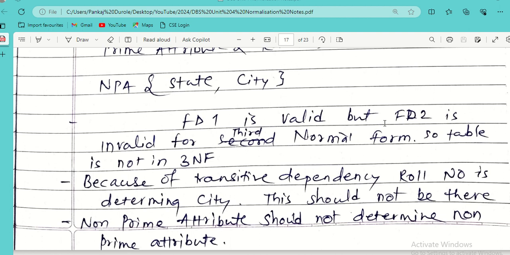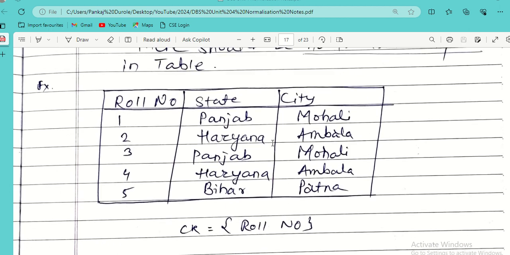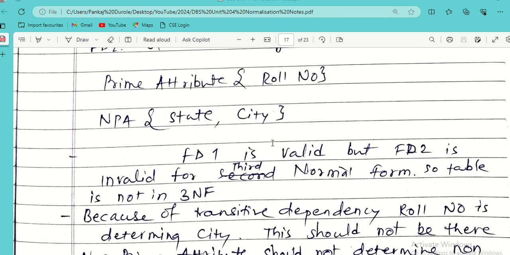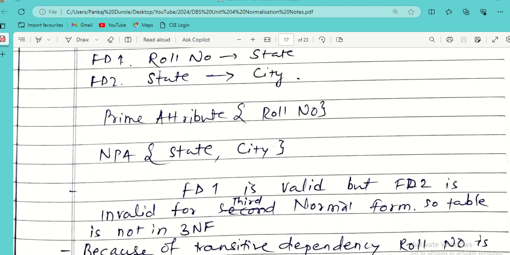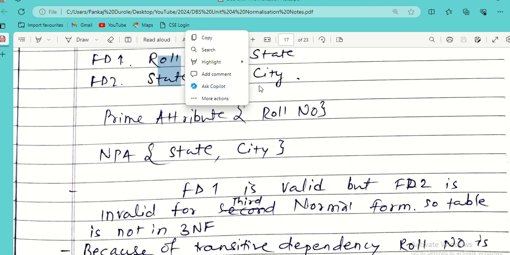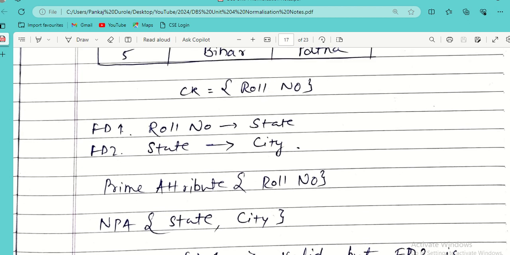Now functional dependency 2 is invalid for the third normal form. So this given table is not in the third normal form because this non-prime attribute is determining another non-prime attribute. Because of the transitive dependency, roll number is determining the city: roll number is determining the state, state is determining the city.